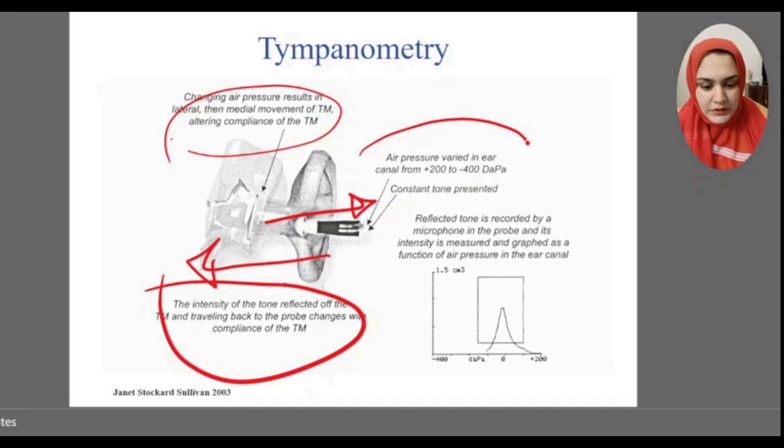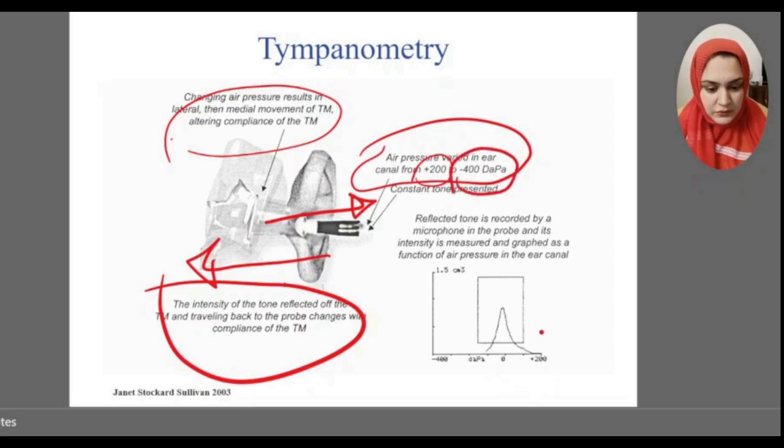So how much variation of the air pressure is occurring in this canal? The maximum value is plus 200 daPa and the minimum one is minus 400. As you can see on this tympanogram, the air pressure is plotted on the x-axis, with a maximum value of plus 200 and a minimum value of minus 400.